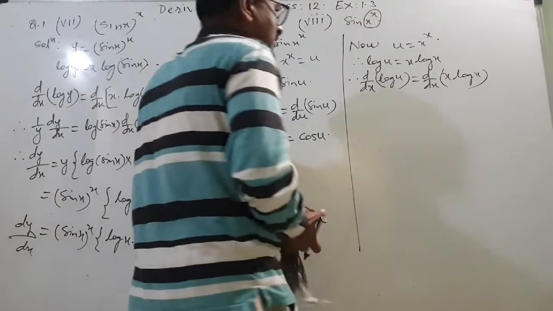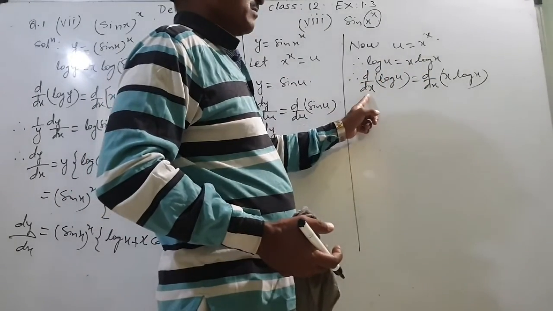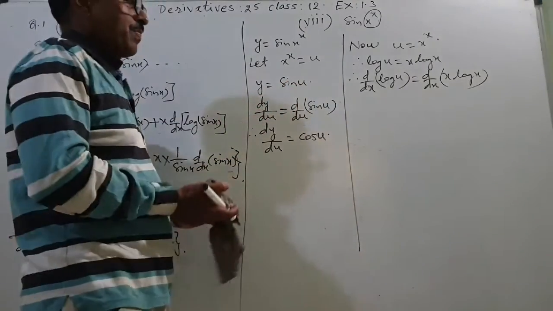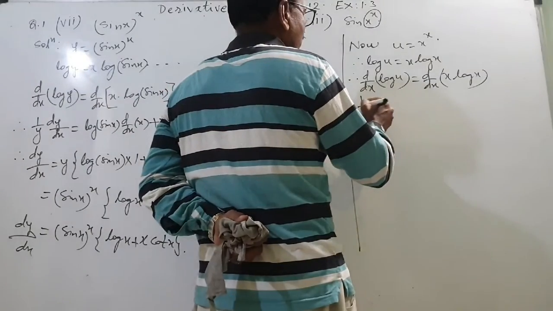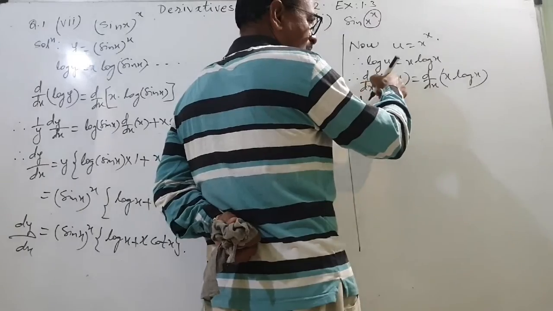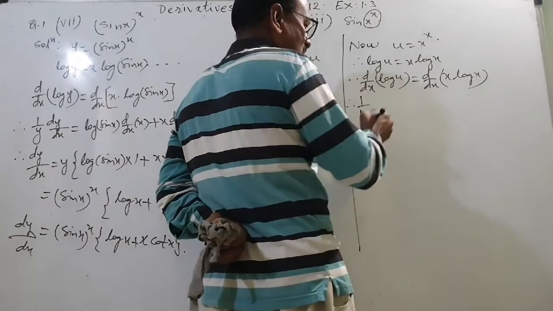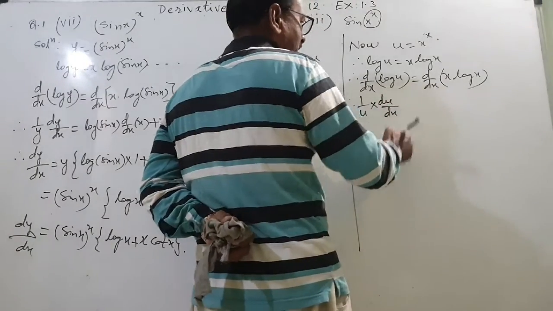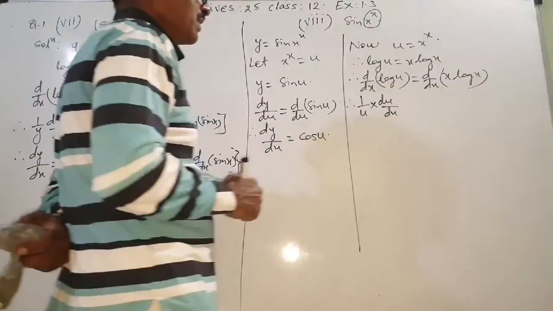Try to understand this. Here it is x, so d by dx. Here it was u, so d by du. So therefore this will be 1 upon u, and the derivative of log means 1 upon u, but this is d by dx, so into du by dx. The derivative of u is du by dx. So try to understand this.